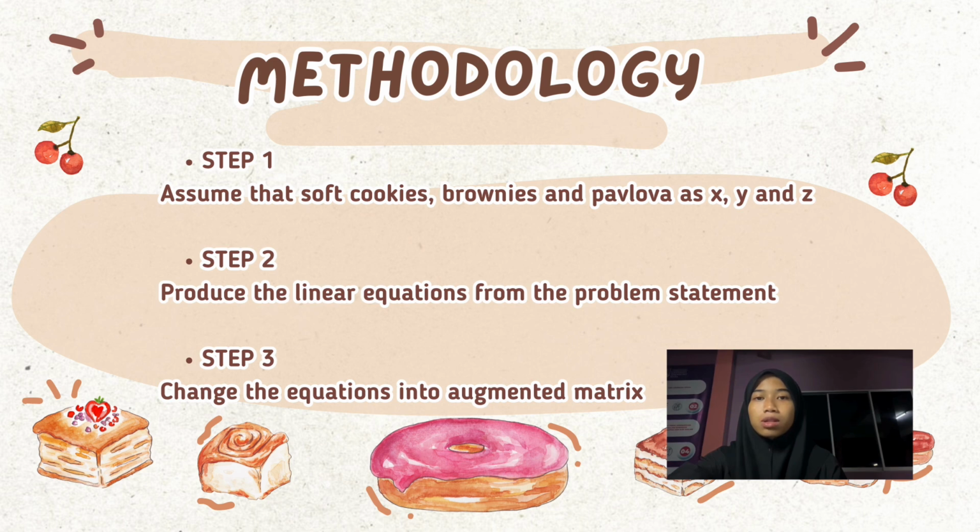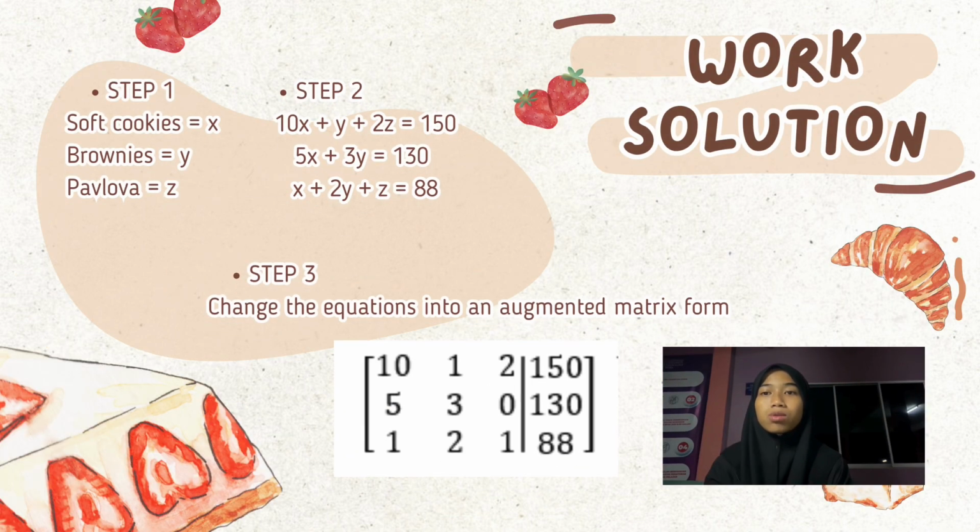The methodology for this case: step 1, assume that soft cookies, brownies, and pavlova are x, y, and z. Step 2, produce the linear equations from the problem statement. Step 3, change the equations into an augmented matrix. Now the worked solution. Step 1: soft cookies equal x, brownies equal y, and pavlova equal z.